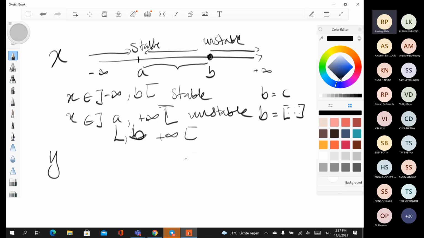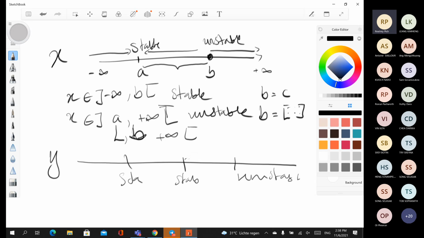But for A to B, in some cases it can be used, in some cases it cannot. Why? You have to study about the notion too. For example, I have 3 values, and this is stable, and this one is also stable, and this is unstable. So you can take the value that is unstable.